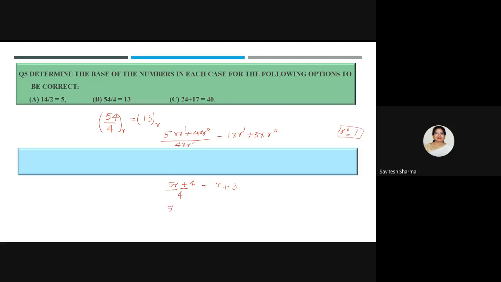Solve it. I am multiplying this 4 this side. You will get 4R plus 12. And then I will take all R terms to the left hand side. So 5R minus 4R is R and 12 minus 4 is 8. So this is my answer.